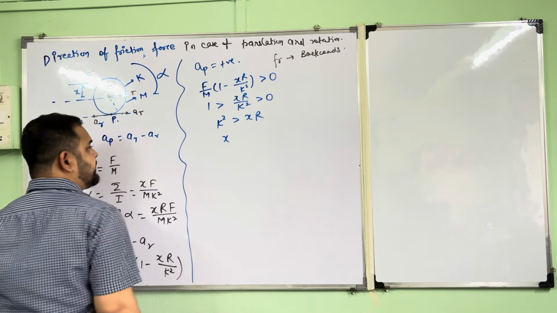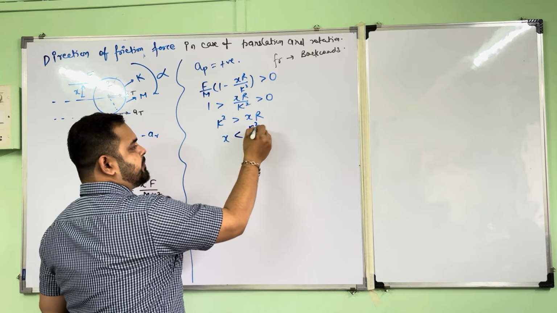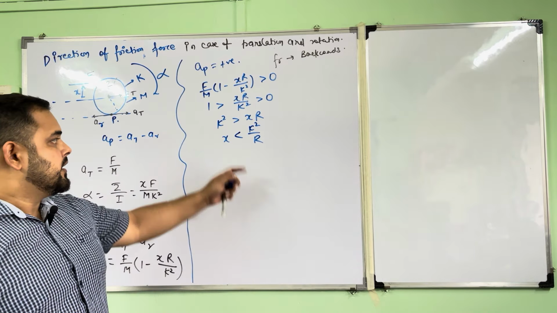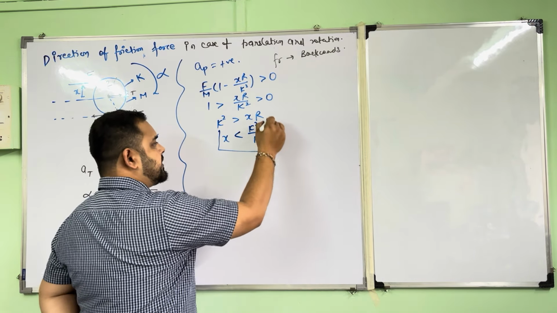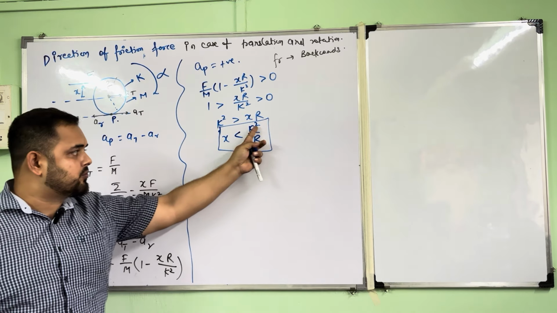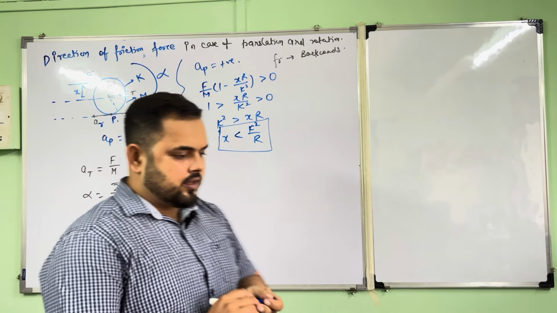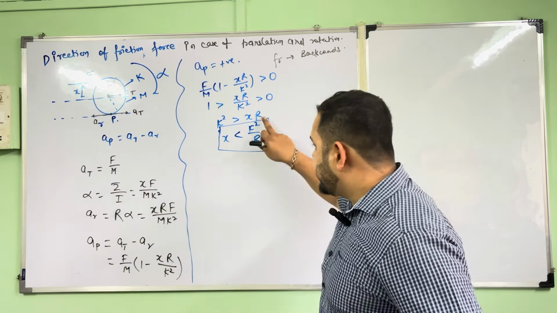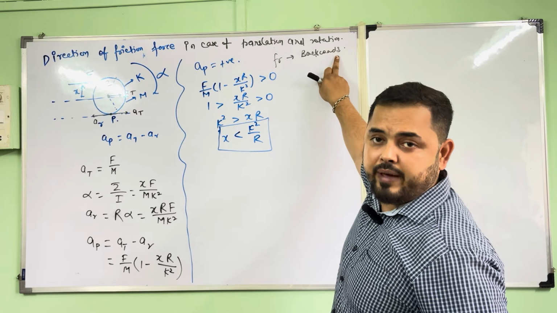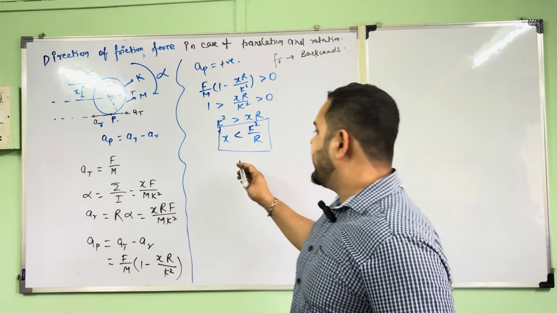So x is less than k square by R. So if you apply the force at x less than k square by R, then friction is in the backward direction. If x is greater than k square by R, then it will be in the forward direction. I hope you understand.